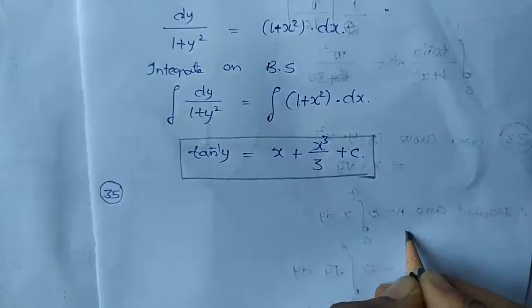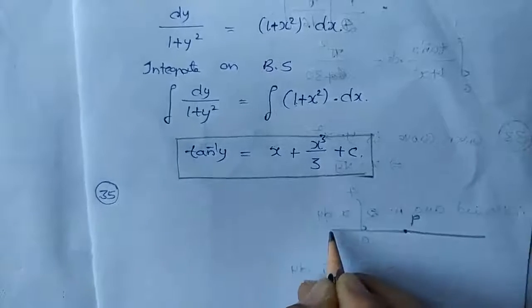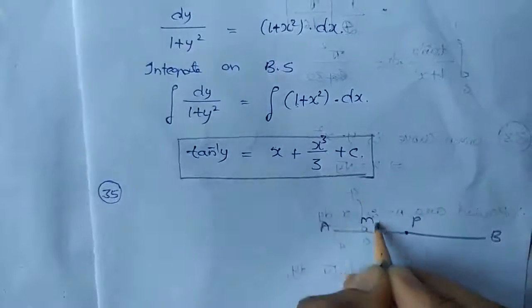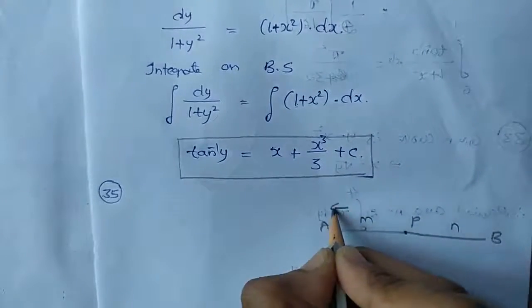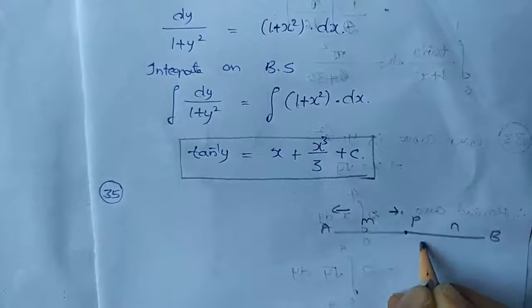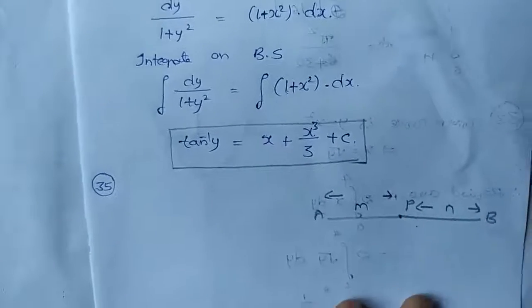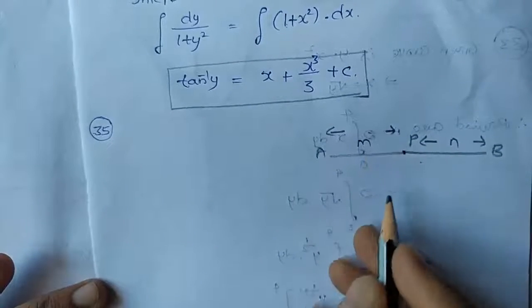Let the point P divide the line segment AB in the ratio m:n internally.